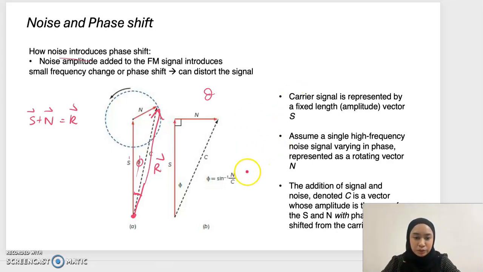To find out the phase shift, we can find it through N over C, because this is just trigonometry. It's opposite over adjacent. So this is my adjacent.